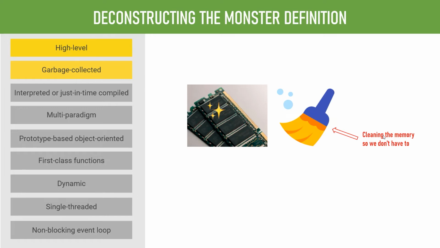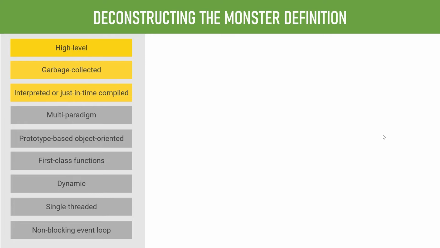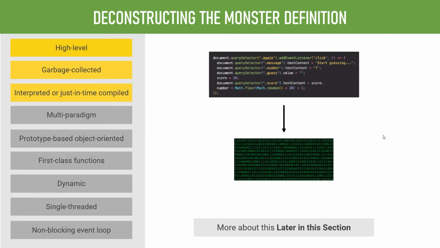Okay? Next up, JavaScript is an interpreted or just-in-time compiled language. And again, we will learn more about this in this section. But what you need to know for now is that the computer processor only understands 0s and 1s. That's right. Okay? Ultimately, every single program needs to be written in 0s and 1s, which is also called machine code.